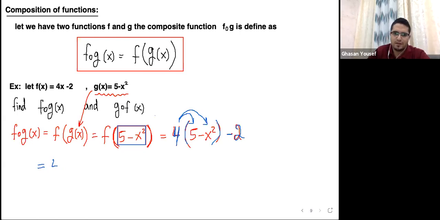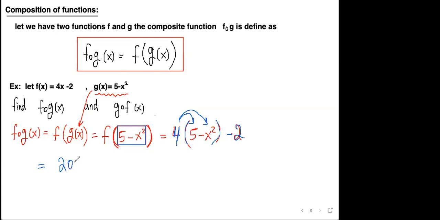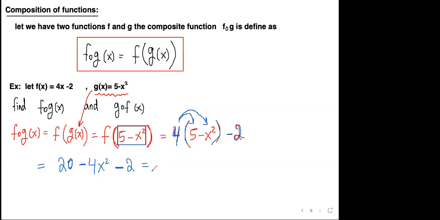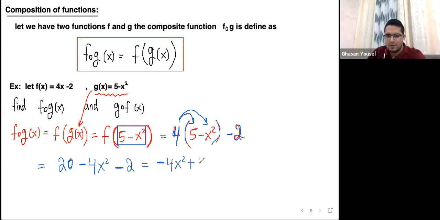It's 20. And 4 times minus x squared is? Minus 4x squared. Exactly, minus 4x squared. And the remaining thing is minus 2. Now let me simplify it. It's going to be negative 4x squared plus 18. Exactly, correct. Plus 18.